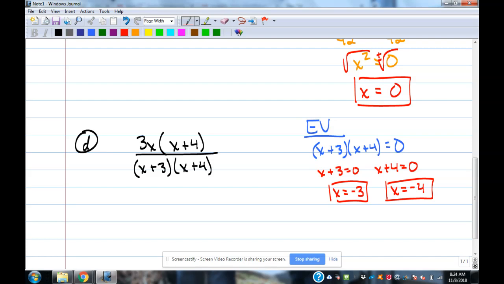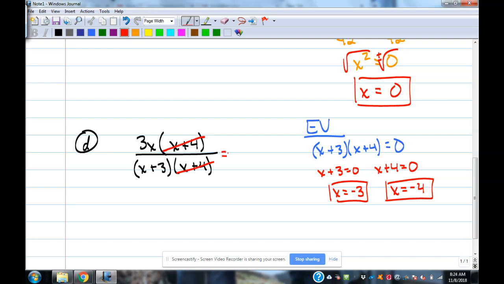You've got to cancel out whole factors at a time, or if it's just a number, then you can cancel out the number that it goes into. So x + 4 and x + 4 match up. So they're going to cancel each other out, right? Just like in the first examples, the 8 and 8 canceled out with the 24 and 56, right? Same idea. It's just a polynomial. This cancels this.